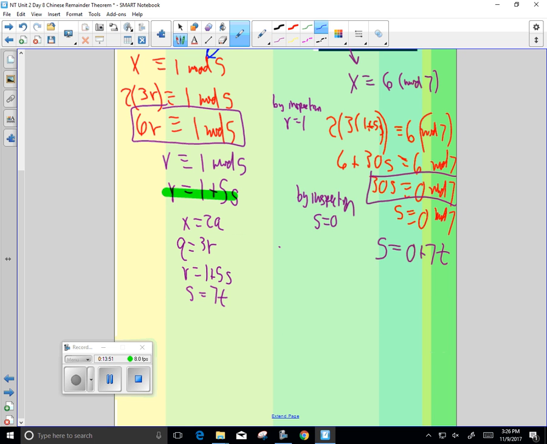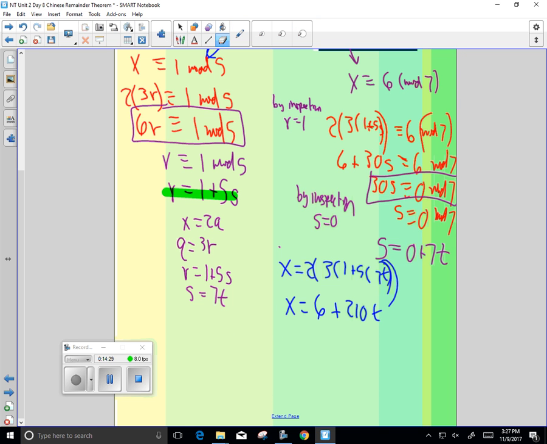Final stroke here. x is equal to 2 times q, which is 3 times r, which is 1 plus 5s, which is 7t. So x is going to be equal to, well, I think it's just going to be 6 plus 6 times 35, 210t.